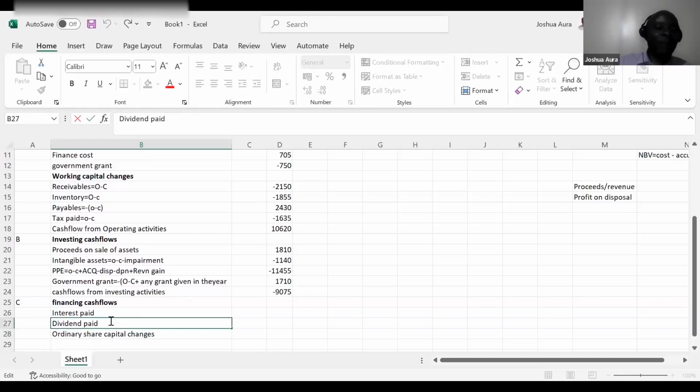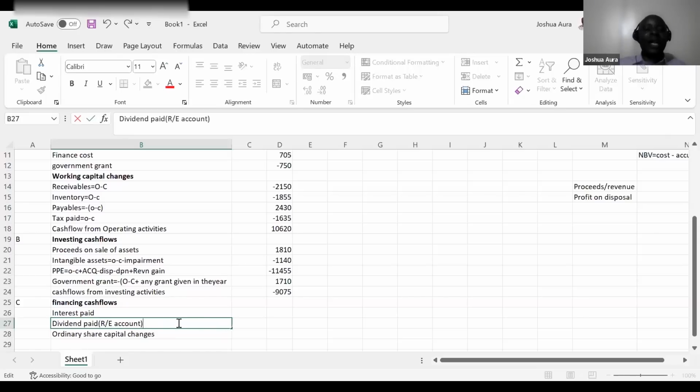The moment you give me the retained earnings account, then I'll be able to give you straight away the dividends that were paid. This is the easiest working.